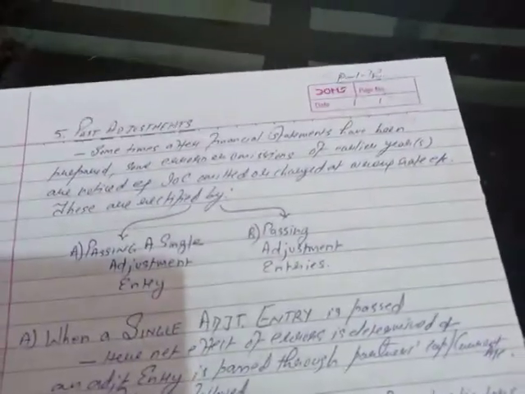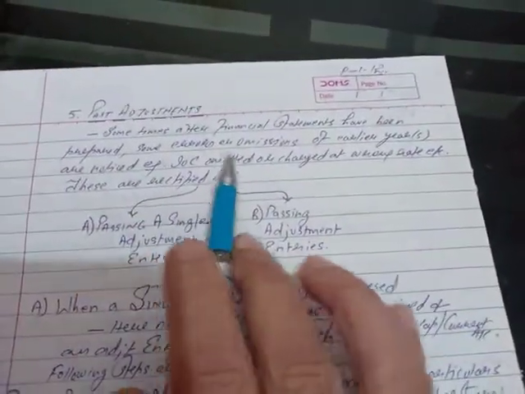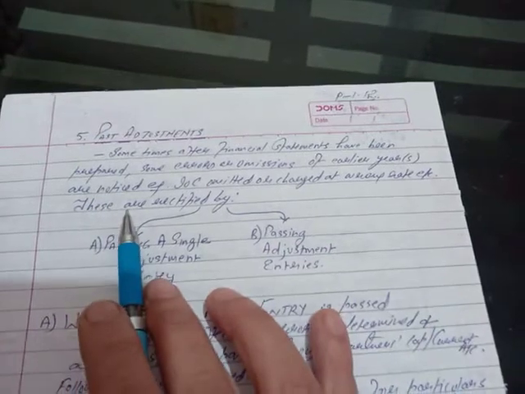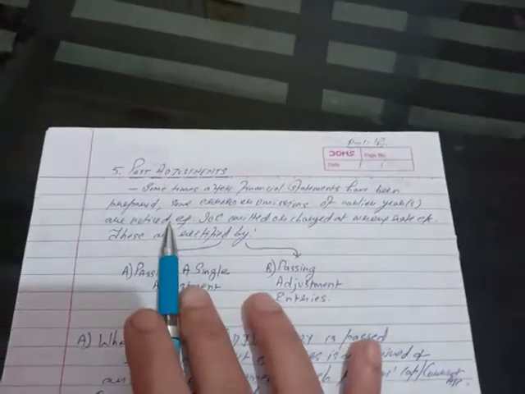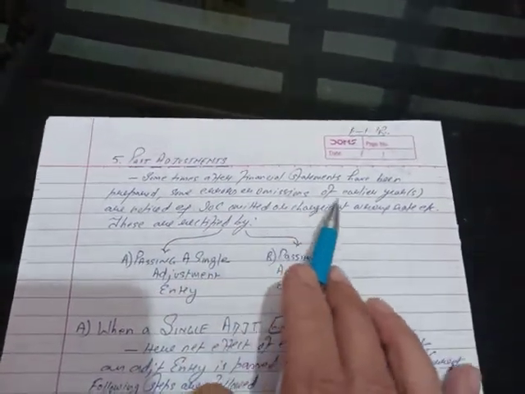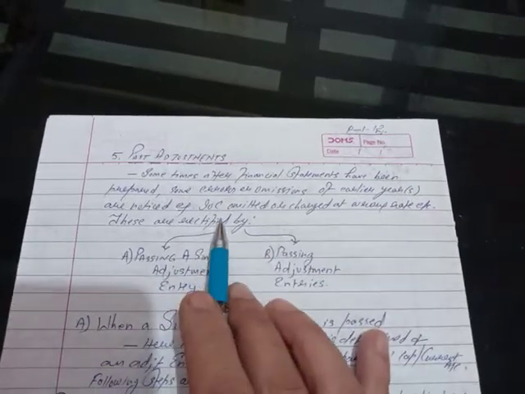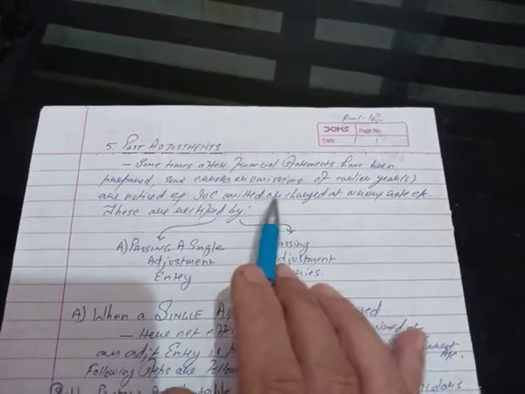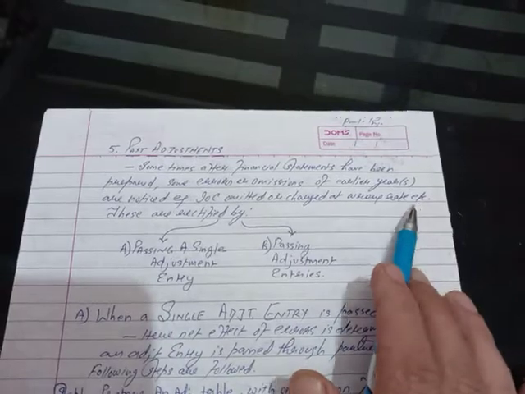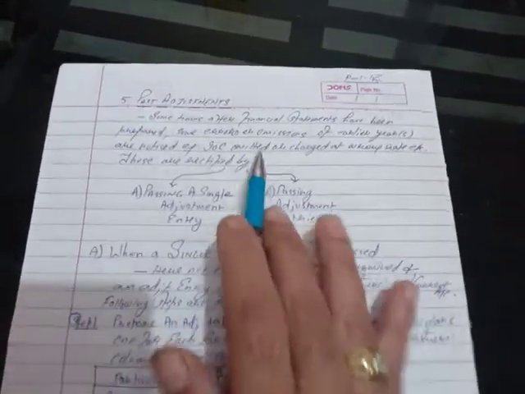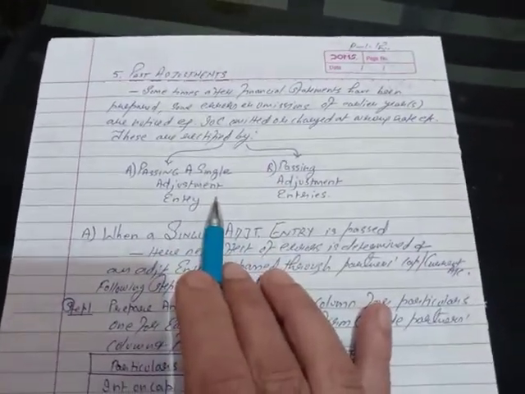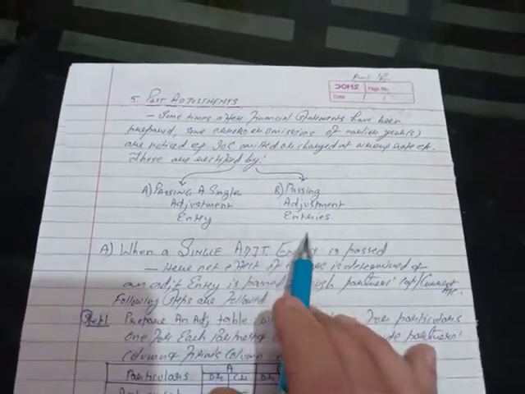So let's see what these past adjustments are. To begin with, sometimes after the financial statements have been prepared, some errors or omissions of earlier years are noticed. For example, IOC omitted or charged at the wrong rate, etc. So these are rectified by either passing a single journal entry or by passing the adjustment entries.